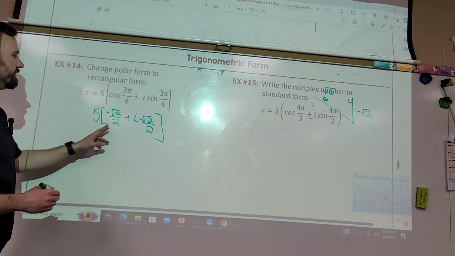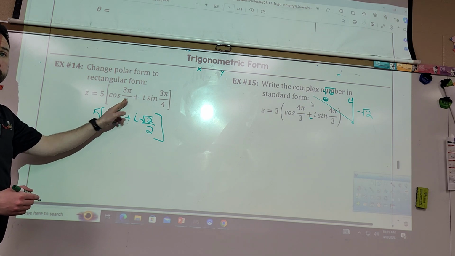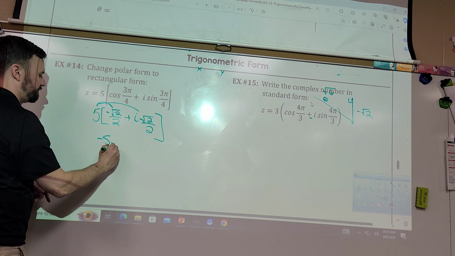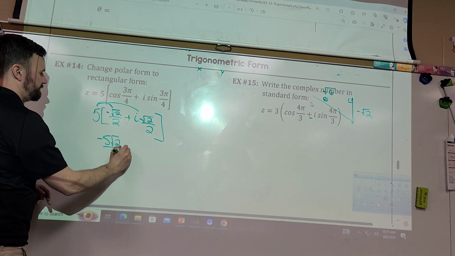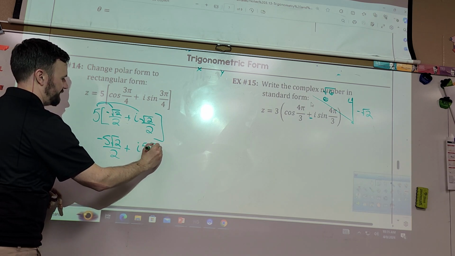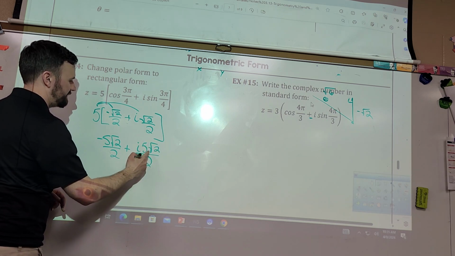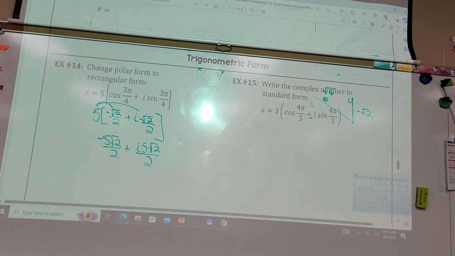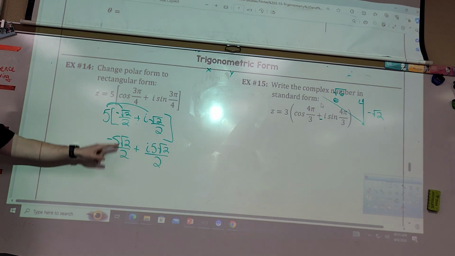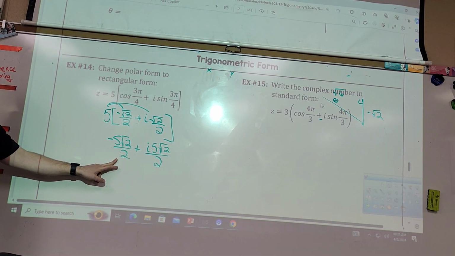I wasn't thinking. Everyone see what I did? I just plugged them in. Unit circle. What do I do with the 5? Nah, you could have done 5i, or it doesn't matter. There you go. We did it. That's it. We plug it in. We just go through and we plug in the pieces. Because it was polar. That's polar with cosine sine. Without cosine, sine is rectangular for a complex.